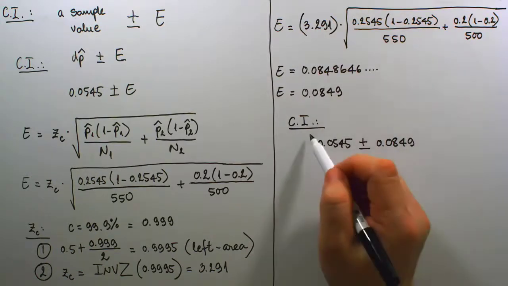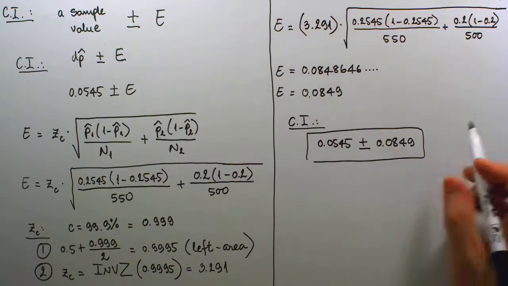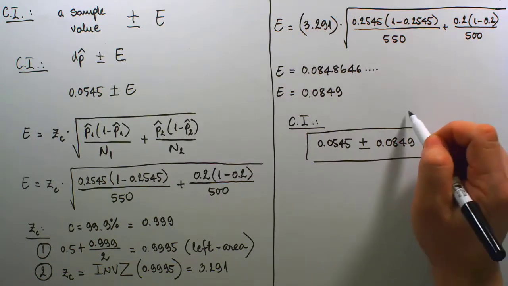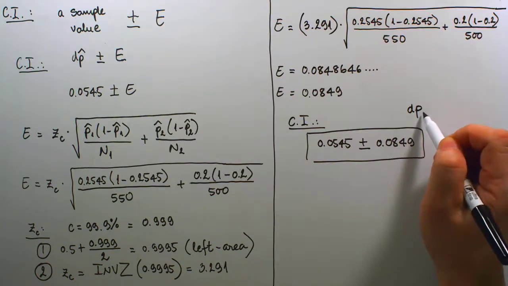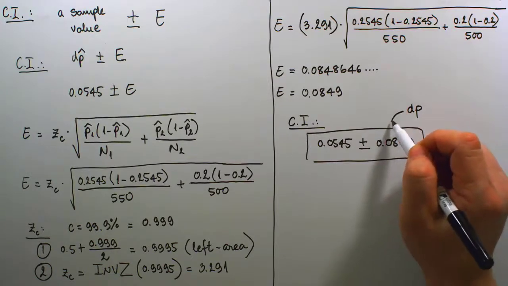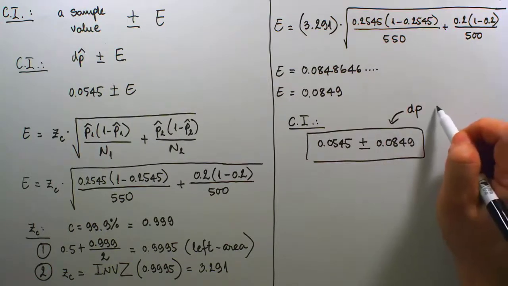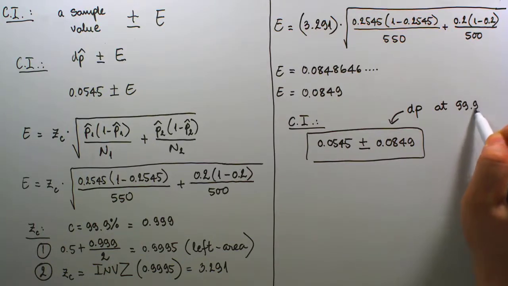And that is how we come up with this confidence interval. And so the actual difference in the 2 population proportion values is expected to be inside of this interval, confidence at 99.9%.